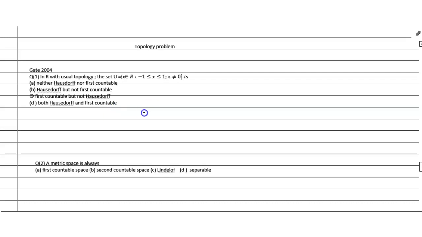So friends, how can I solve this problem? You see that U is equal to x belongs to R such that minus 1 less than or equal to x less than or equal to 1, and x does not equal 0.